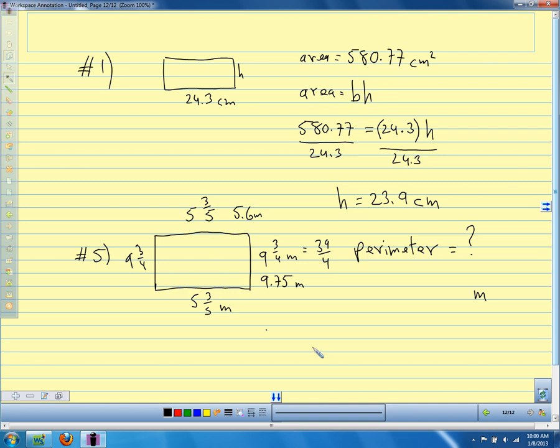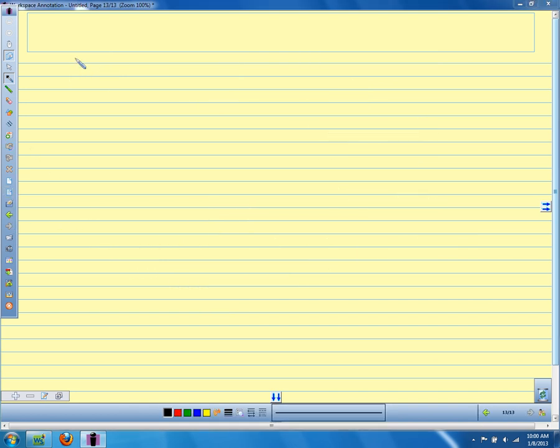All right, so that was number 5. Let's look at number 17. Number 17 asks us to plot some points. Oh wait, before we do number 17, let's do number 7. Number 7 is one that involves some algebra. So number 7 says the perimeter of a rectangle is 40 meters. So there's my rectangle.